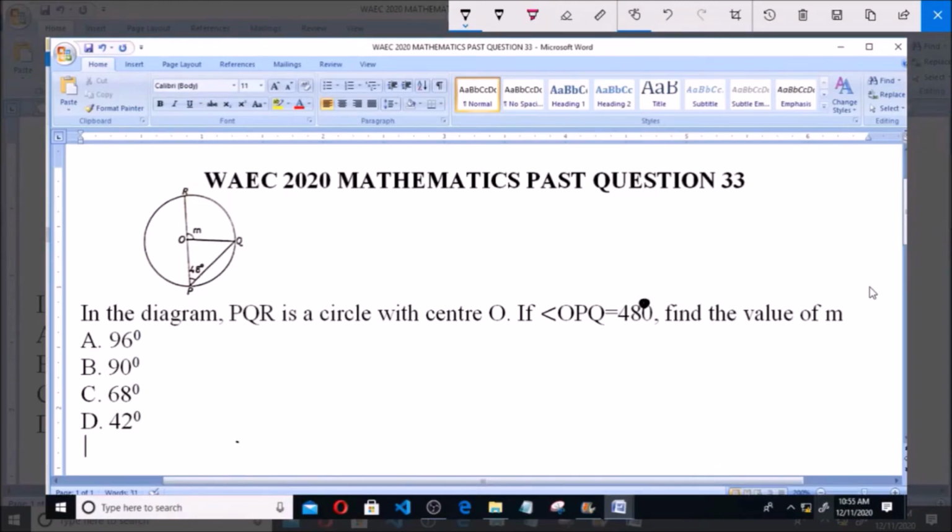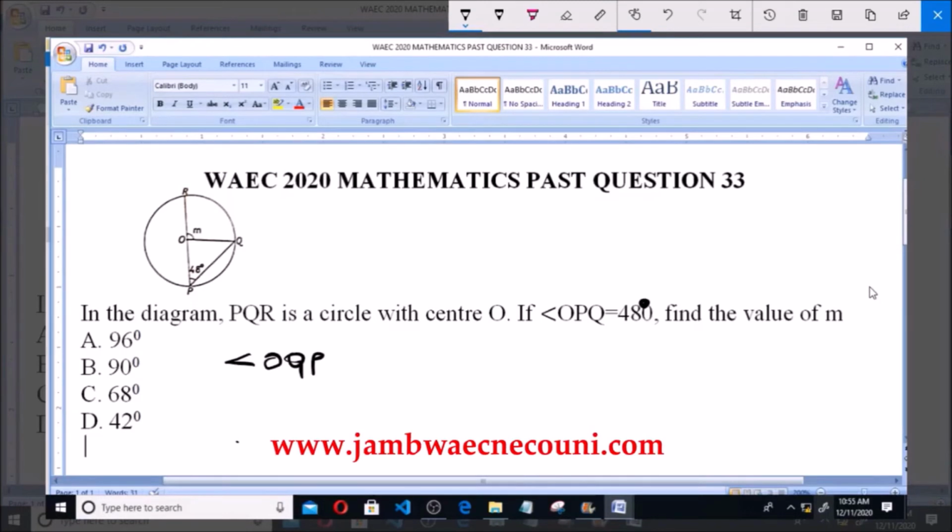Now angle OQP is equal to 48 degrees also. Angle OPQ, that is this angle. Now we say this angle is 48 degrees because looking at this here, you see that this is a triangle. This is the radius of a circle, and also from here is the radius of a circle, because this O here represents the center of the circle.